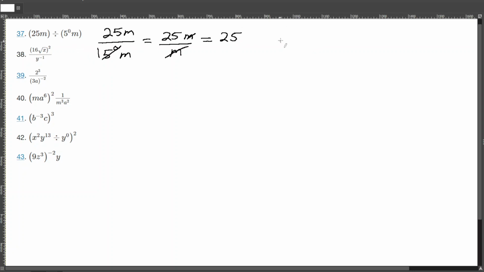Now 38 is starting to look fun. It looks like we have 16 square roots of x, all of this top term squared, over y to the negative 1. There are a couple ways we could go about this.